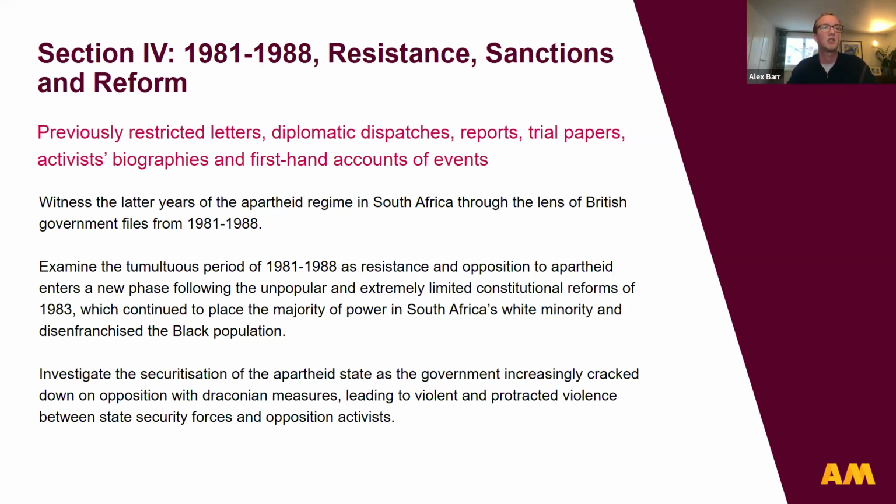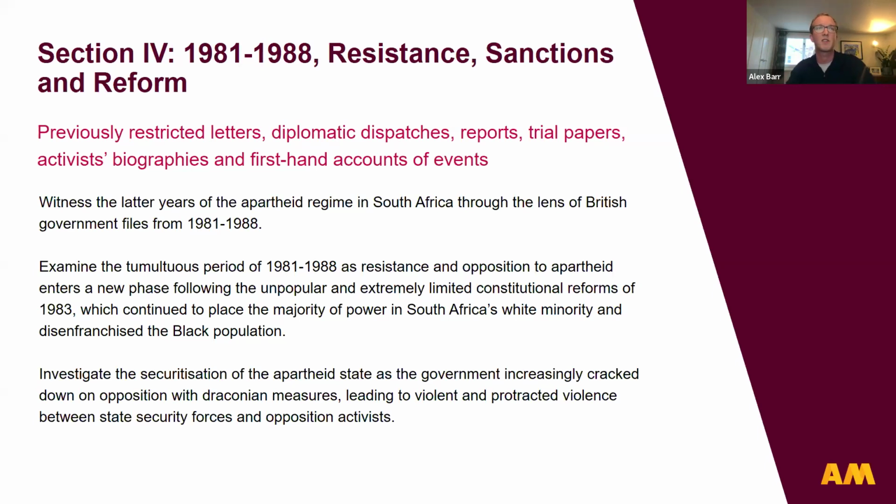So this latest module, Resistance, Sanctions and Reform, focuses on the tumultuous period of 1981 to 1988, which was exemplified by a new phase of resistance and opposition to apartheid. The extremely limited and unpopular reforms of 1983 continued to disenfranchise South Africa's Black population, placing the majority of power in the hands of the white minority.